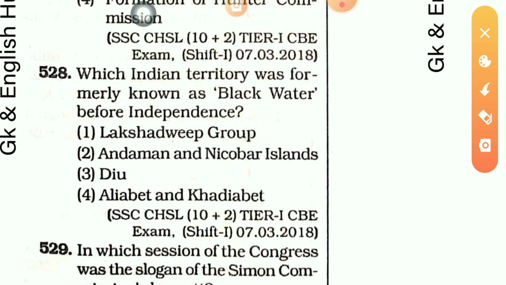So when they returned after the punishment, they were excluded by society as they had taken the overseas journey. So here the answer will be Andaman Nicobar Islands.